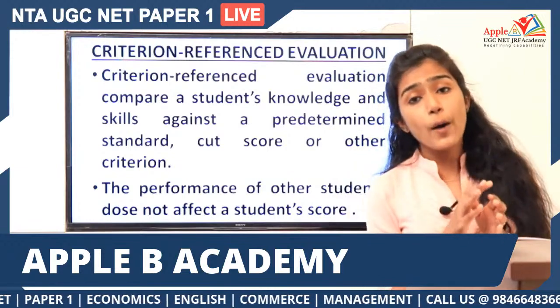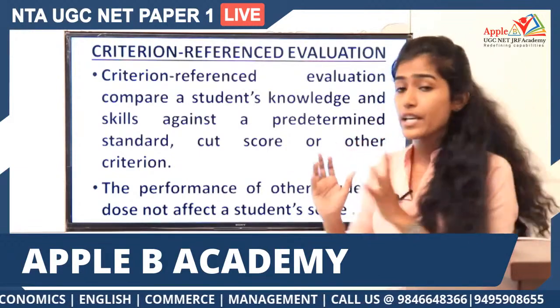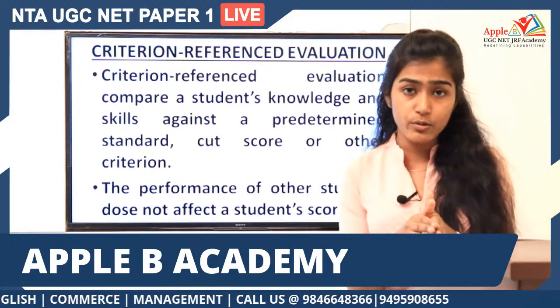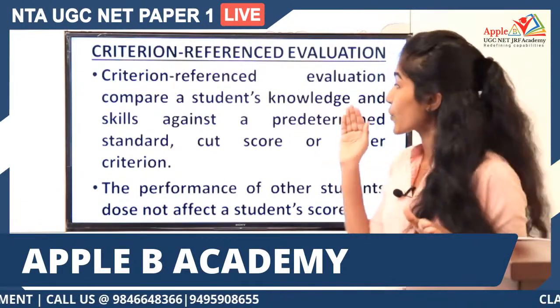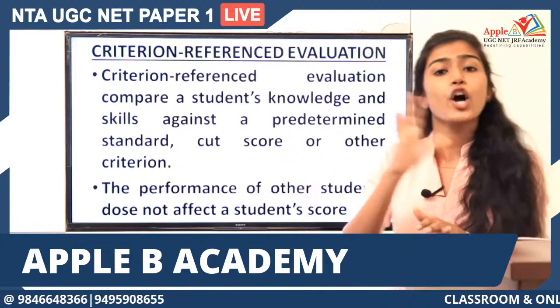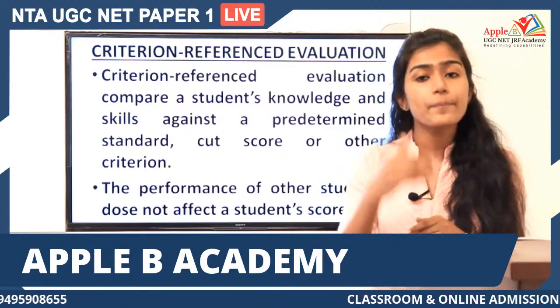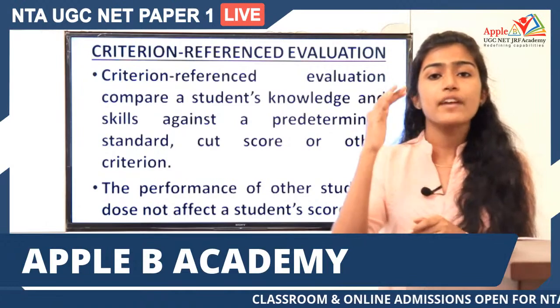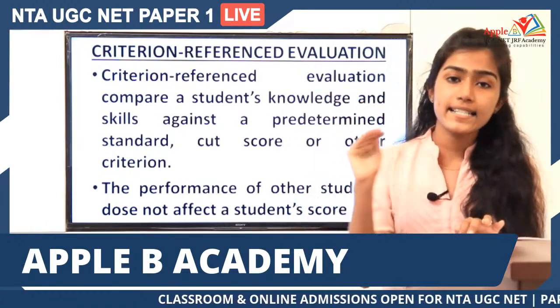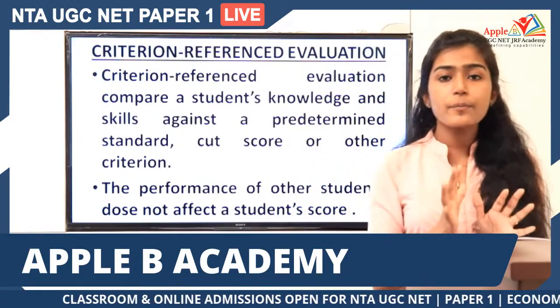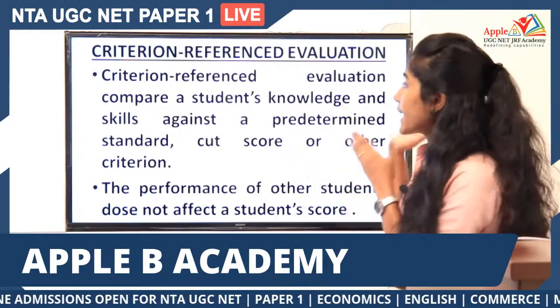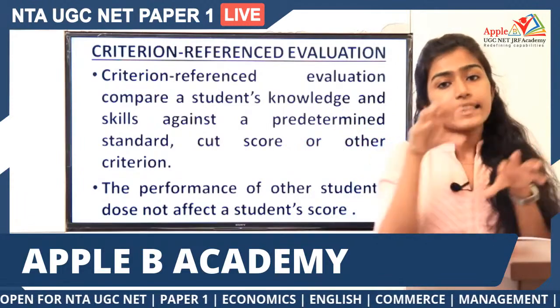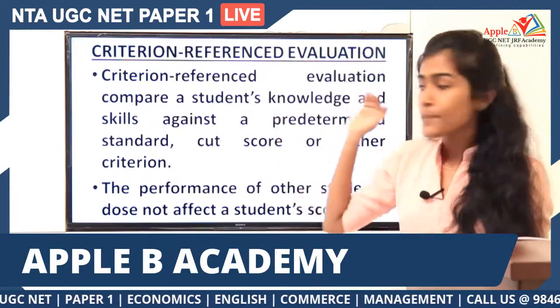So in norm referenced evaluation, we were comparing a particular student with the performance of other students. But that is not happening in criterion referenced evaluation. We are not comparing the students on the basis of their performance, but we'll be having certain predetermined criteria, and we will be comparing the students' knowledge with that of the predetermined standards.